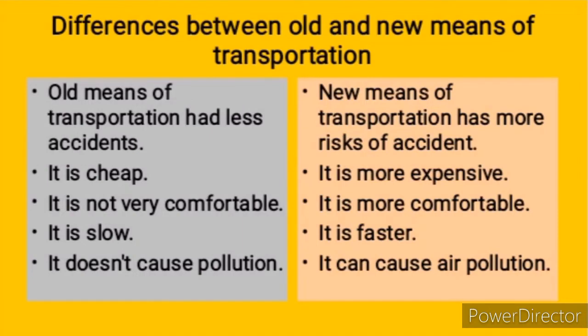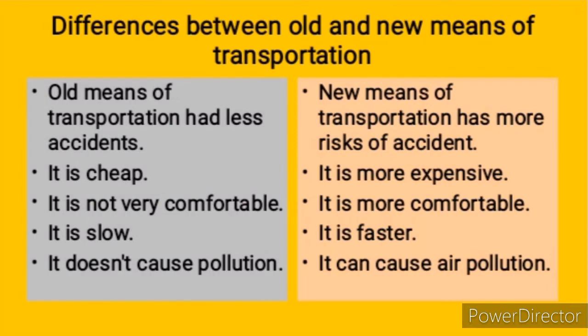Now let's look at the differences between the old and the new means of transportation. The old means of transportation had fewer accidents. When you're walking, you'd hardly have accidents.